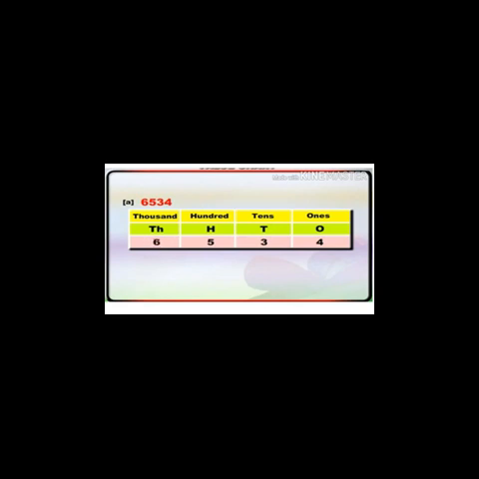Now we have 6 thousands, 5 hundreds, 3 tens and 4 ones. That we can write as 6,534.